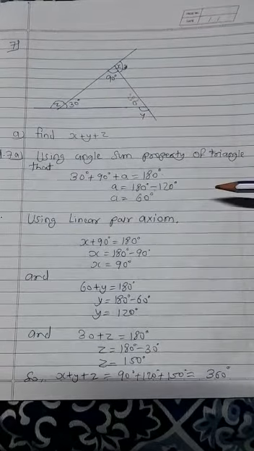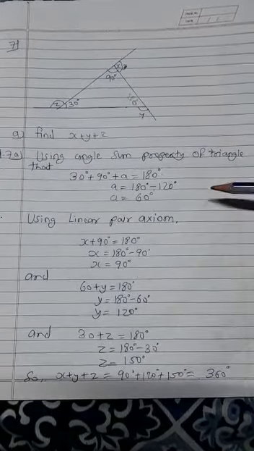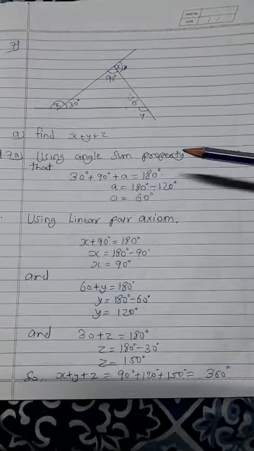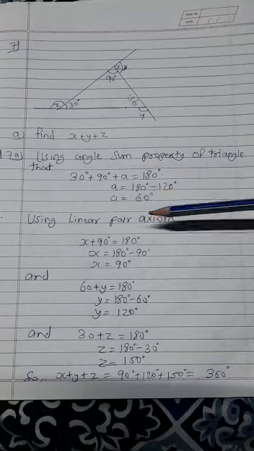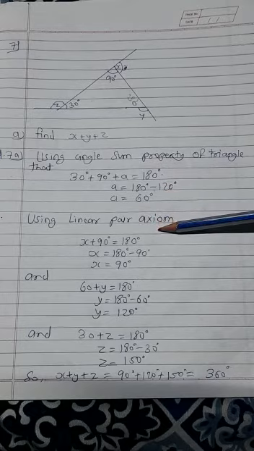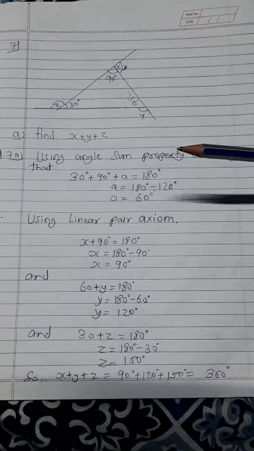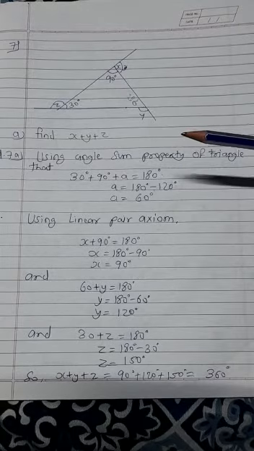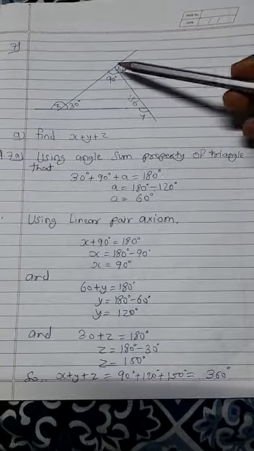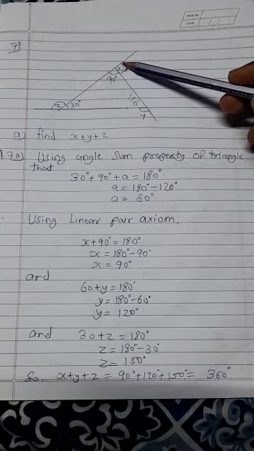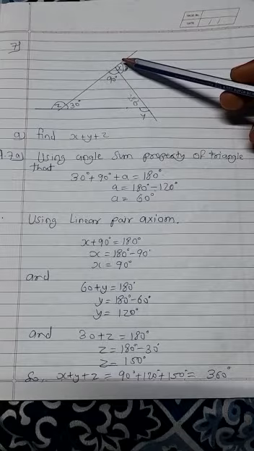Now see, now we have to find what? The value of x, y, z. So using linear pair axiom, it says that the sum of angles of a linear pair is equals to 180 degree, right? So the sum of this angle and this angle will be 180 degree.